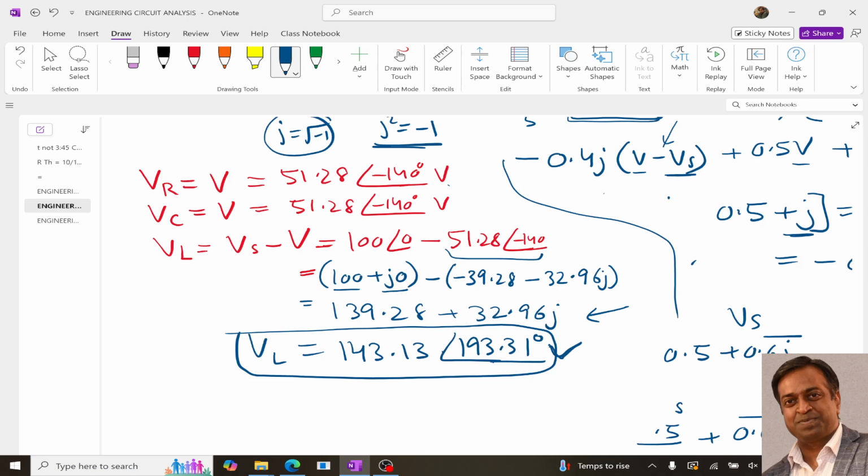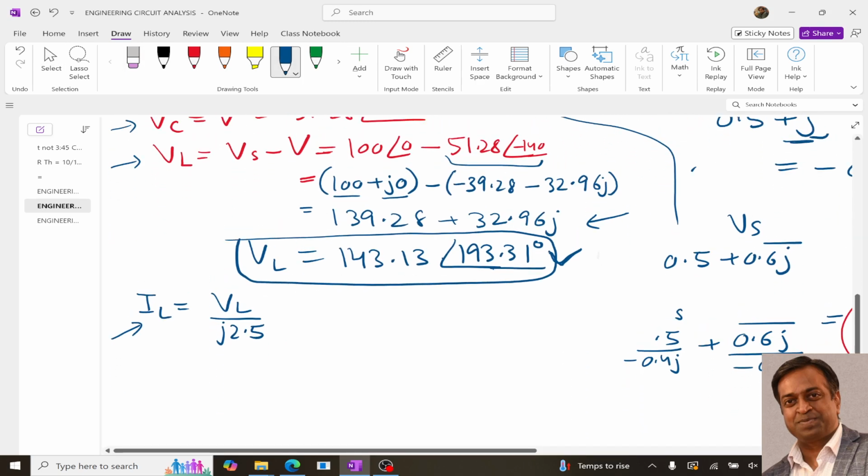Now once we get VR, VC and VL, we can get our IL as VL upon impedance. Remember, over here you do not need the L dI by dt formula, or any integration, to get the inductor current. Because we have the impedance, we use a formula similar to the resistance formula.